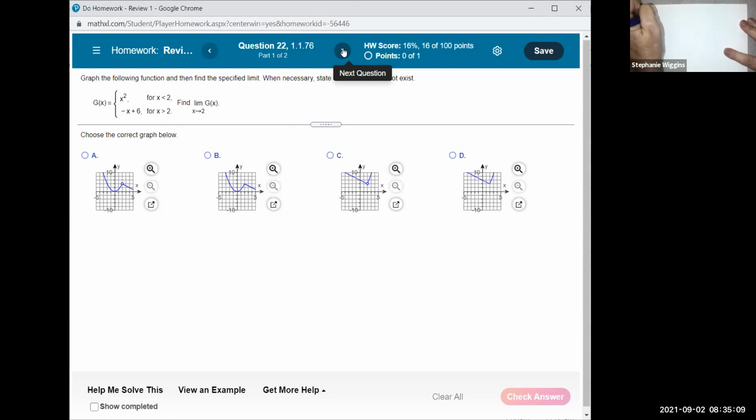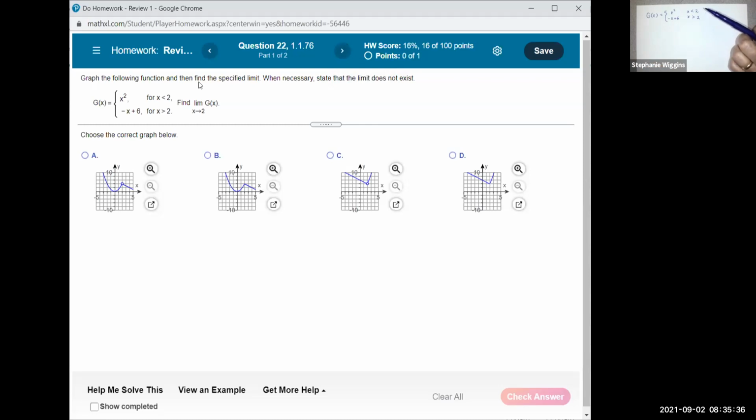But here we have g of x is equal to x squared minus x plus 6. The top one is when x is less than 2, and the bottom one is when x is greater than 2. And notice at 2, it does not exist. The function does not exist at 2 because we have strictly less than, strictly greater than.